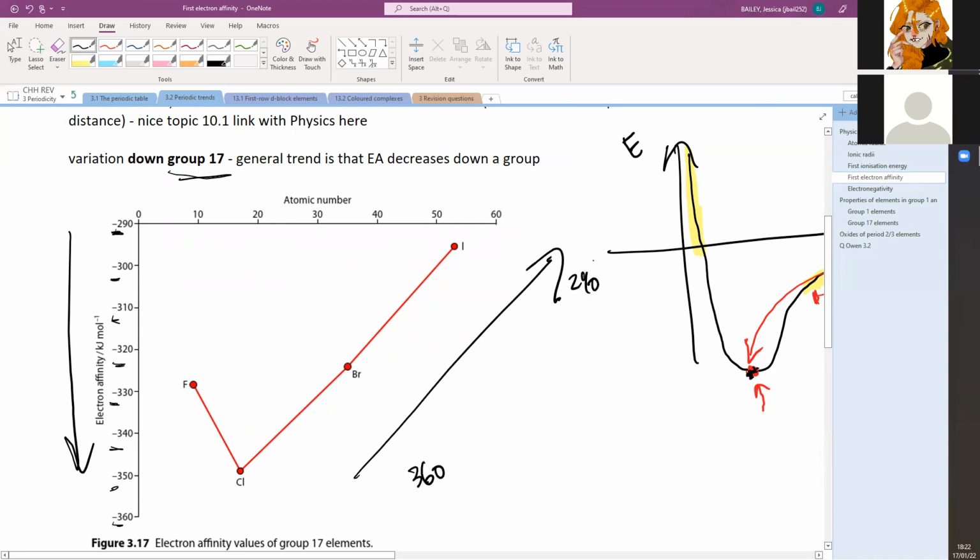So it's telling you to ignore the negative sign. And hence, as you go down that group, your electron affinity is decreasing. It's not actually decreasing, the numbers are decreasing. So you're letting out less energy every single time, for all of these atoms, as you go further down the group, you're releasing less and less energy.